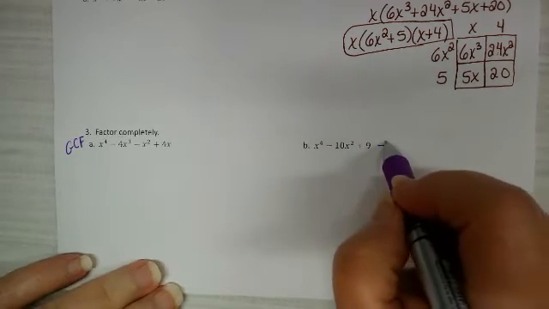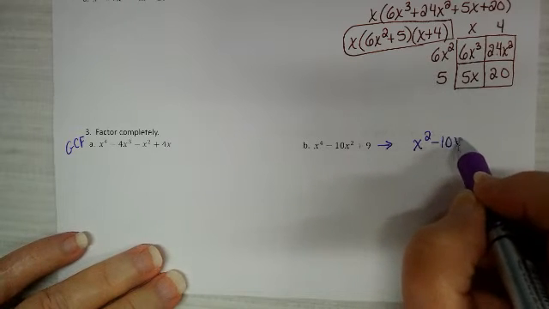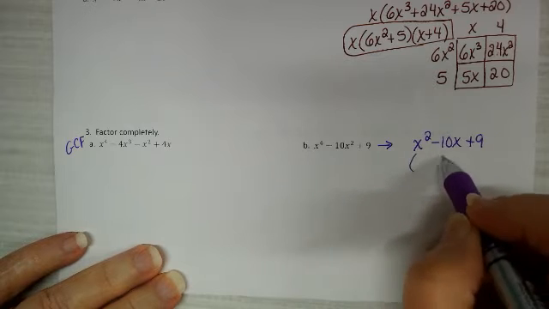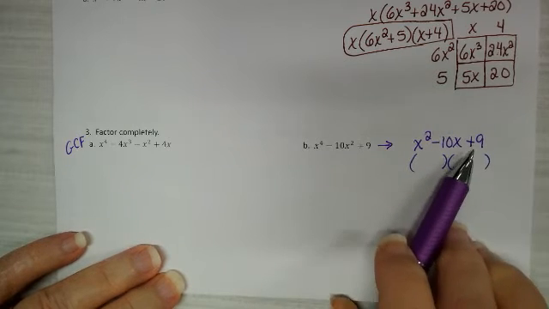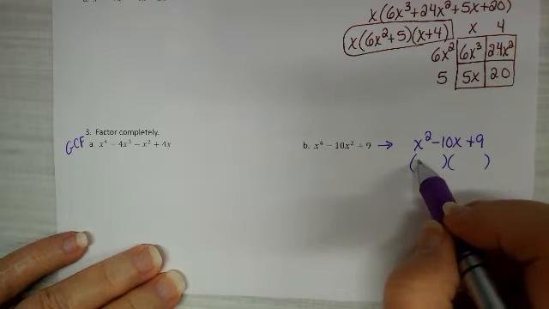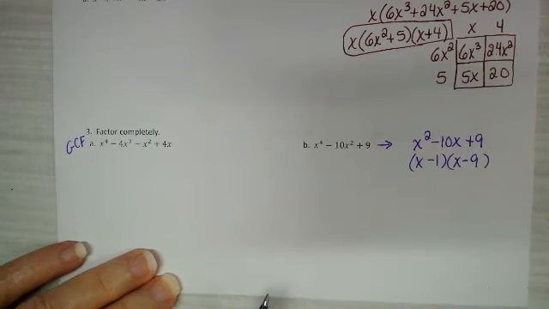So let me just ask you this. What if it just said x squared minus 10x plus 9? Could you factor that? Can you find factors of 9 that add up to -10? Well, I hope you're thinking it's x minus 1 and x minus 9.